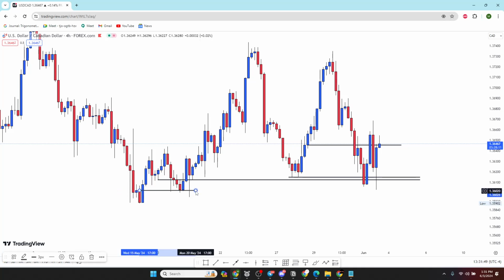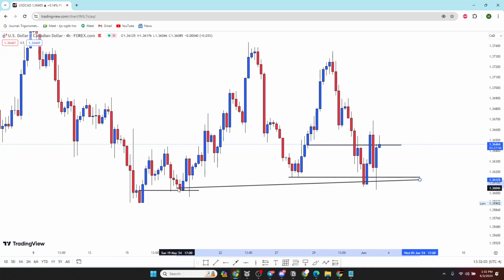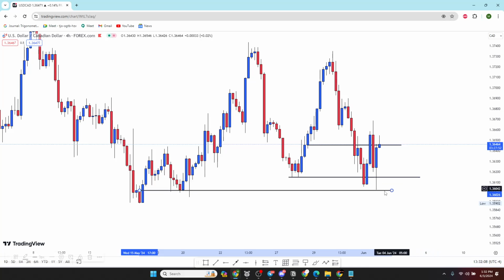We start refining the levels. Order block here, trades away, price comes down. Then from here, price trades away. Where's the order block in this range? It's here.